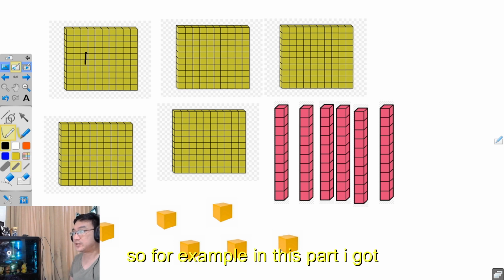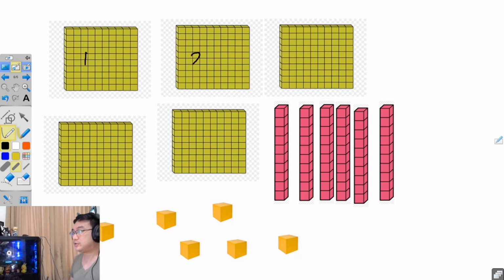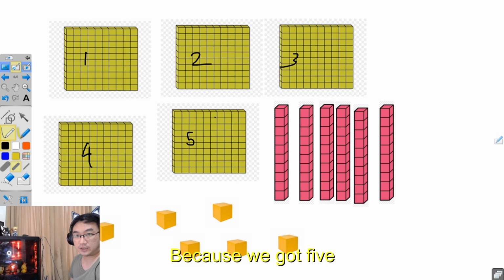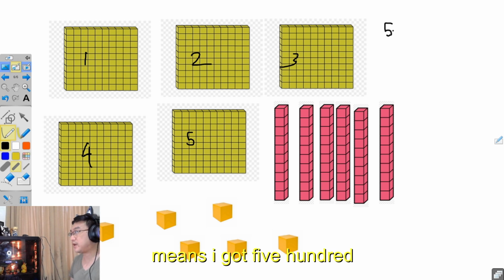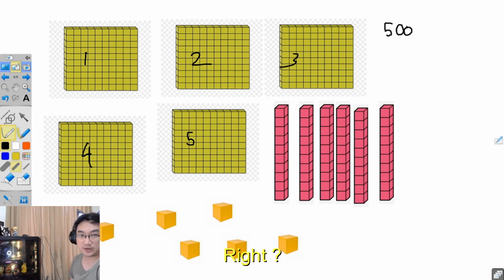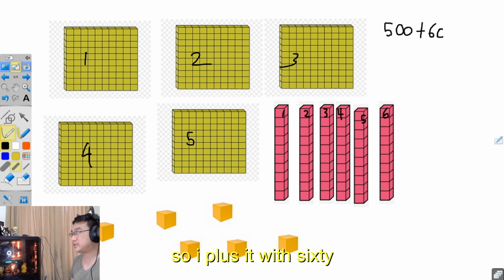So for example, in this part, I got 1, 2, 3, 4, 5. Because I got 5 means I got 500. In this part, I got 1, 2, 3, 4, 5, and 6. I got how many? 60. Correct. So I plus it with 60.